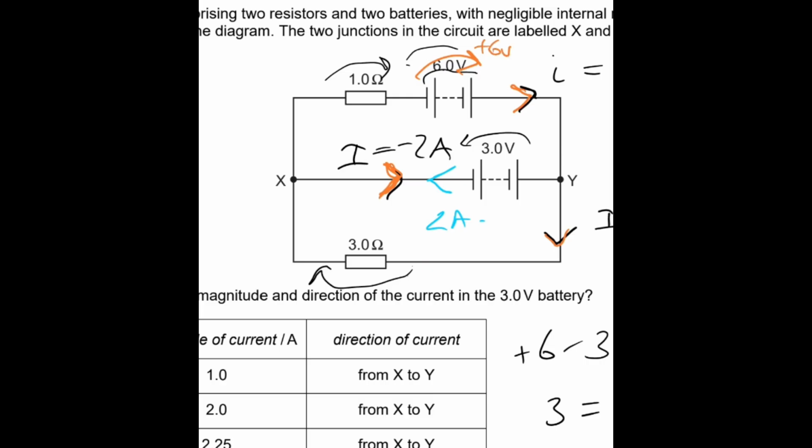But when you go this way over the battery, from the positive terminal to the negative terminal, you're losing voltage. So that's going to be a minus 3 volts jump, regardless of whether the current's flowing this direction or this direction. It doesn't matter.